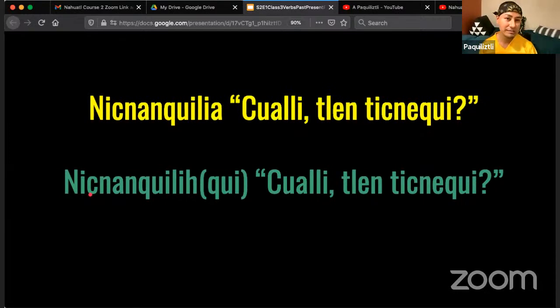And that's why we write it with the k. But in Huasteca they've softened it and made it a little bit lower. So even though it's spelled niknankilihki, we would say nihnankilihki, like they say it that way. But you could also say nik because some varieties say nik. So niknankilihki or nihnankilihki if you're not trying so hard. Nihnankilihki or nihnankili. Quali tlen tikneki.